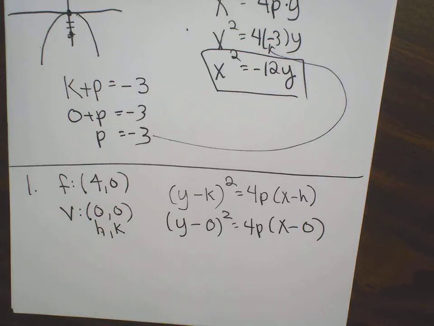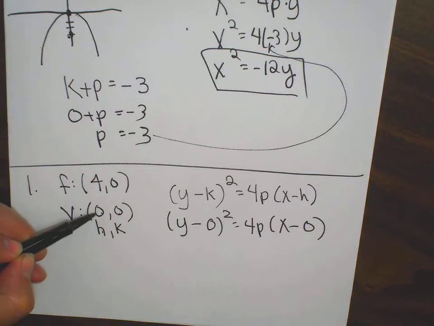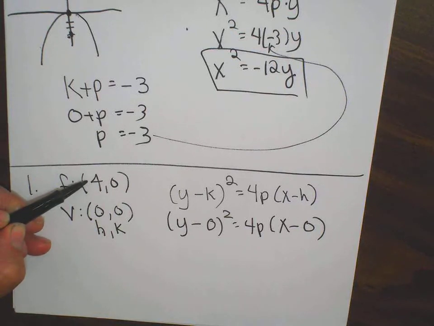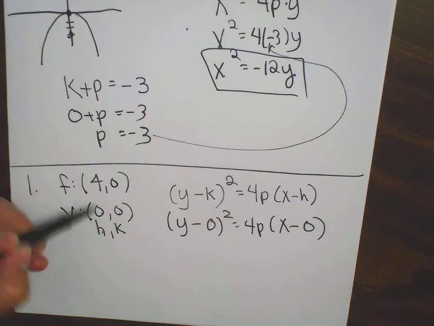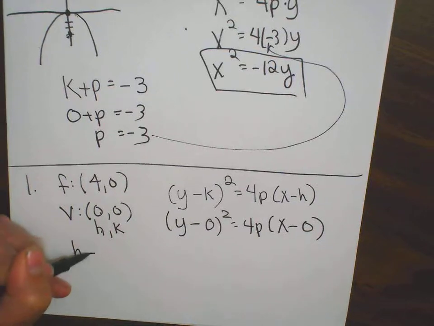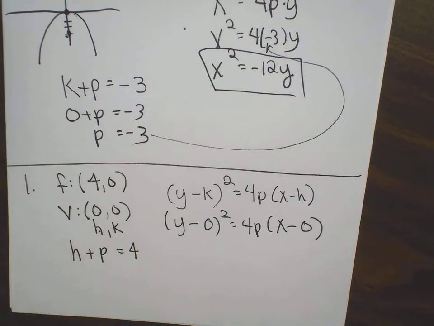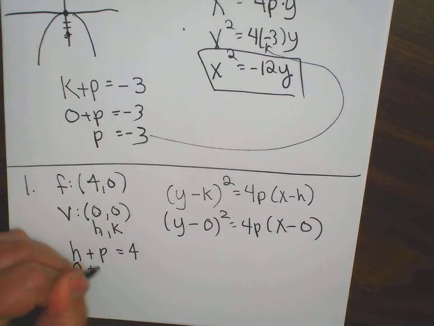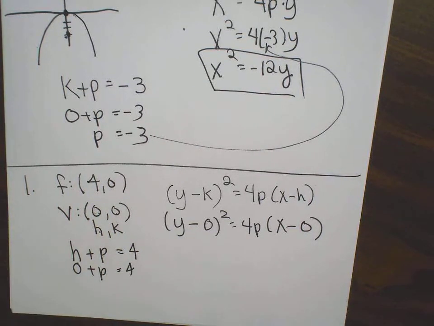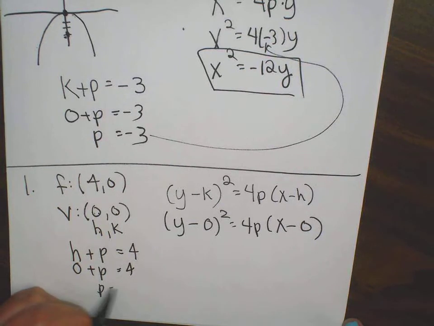So what do we need to figure out? We need to figure out p. So if I'm going from vertex to focus, and it's the h that's changing, I have h plus p equals 4. And what do we know h is? 0. So what is p? 4.